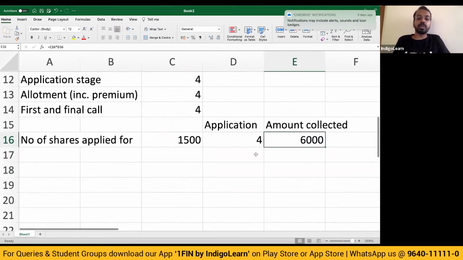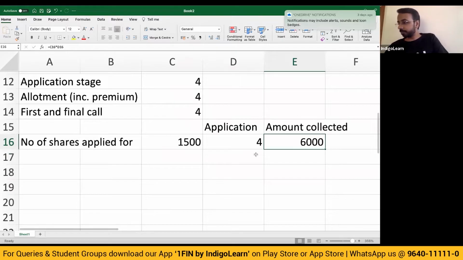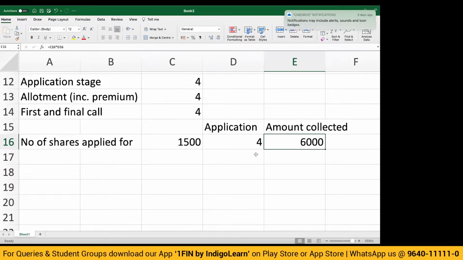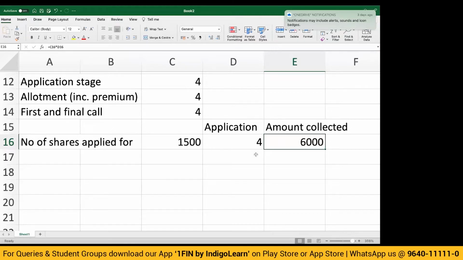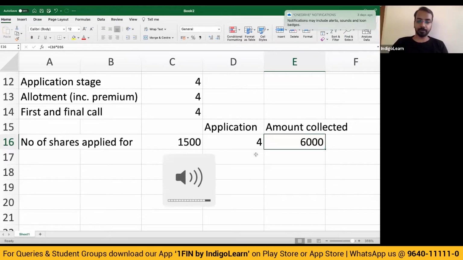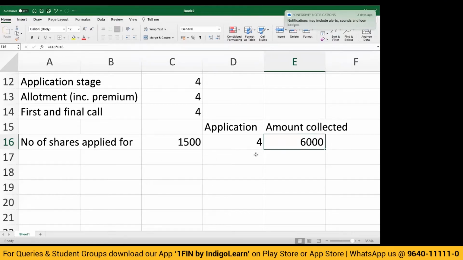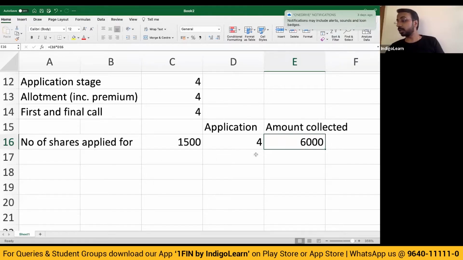How much of this is to be transferred to share capital account? Only 4,000. Then what will we do with the balance 2,000? That will be refunded. Either we will refund it or we will adjust it to allotment.